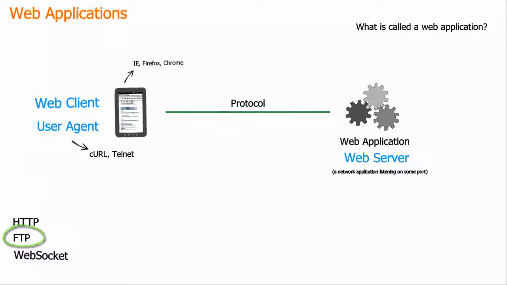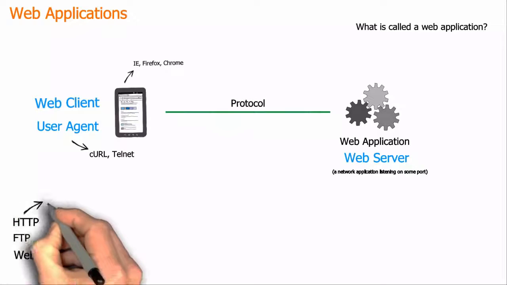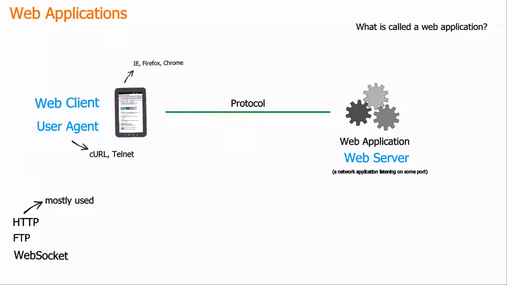Among all these protocols, the HTTP protocol is the most used in the web client and web server world. That means most of the time the web client and the web server speak to one another using the HTTP protocol. In fact, in this whole tutorial, we are going to focus only on the HTTP protocol.